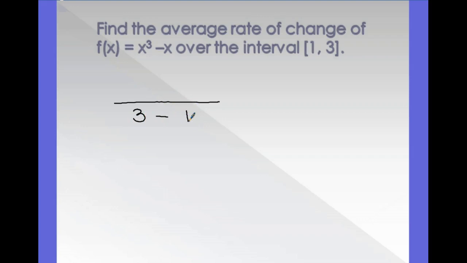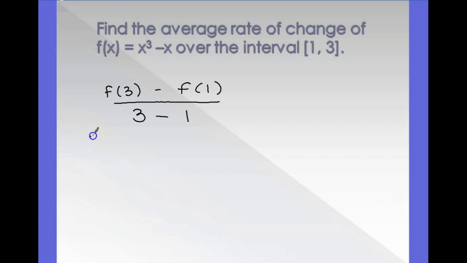And then the change in quantity would be f of 3 minus f of 1. So change in quantity over change in time, but now we're talking about a function, so change in the function over the change.